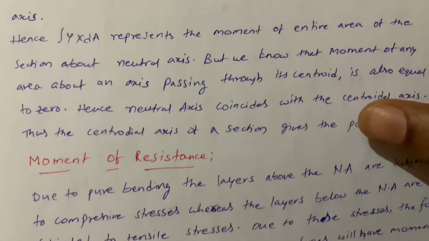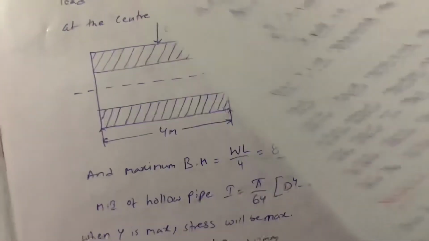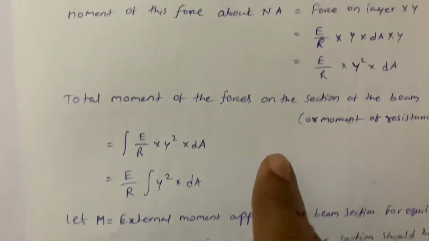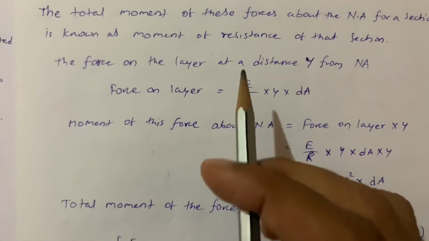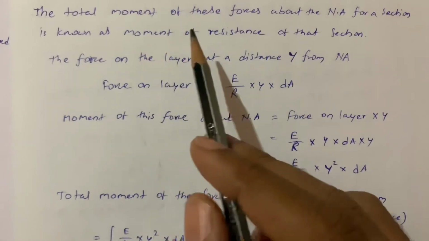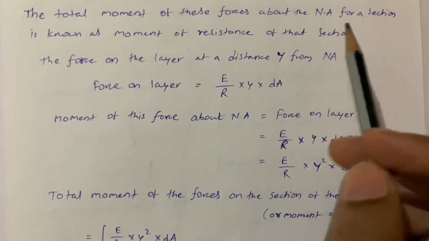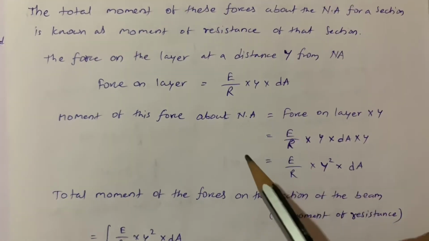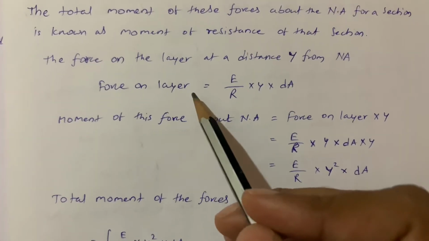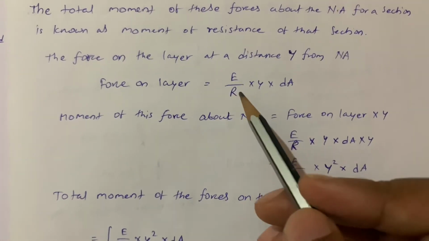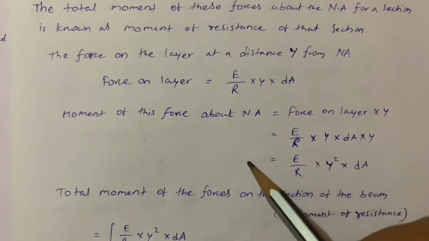After that we have to calculate the moment of resistance. The moment of resistance is the total moment of the forces about the neutral axis for the section. The force on a layer is E by R into Y into dA.